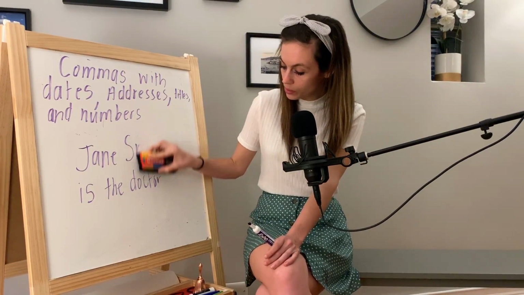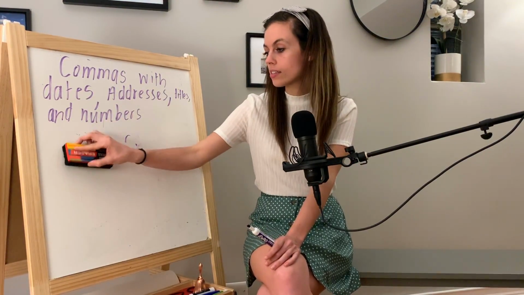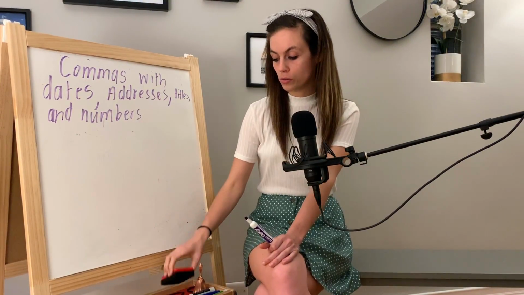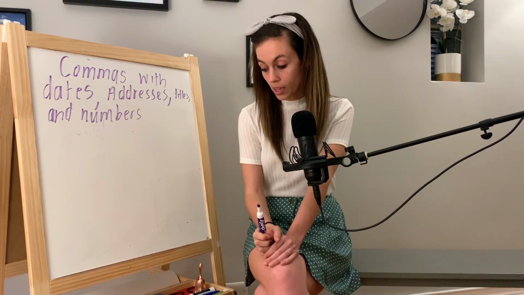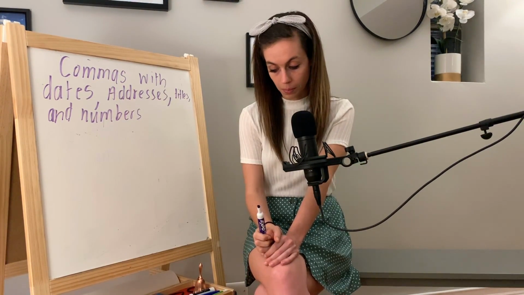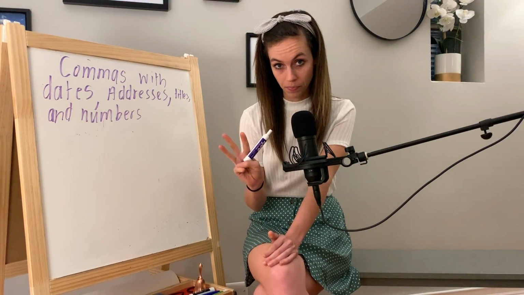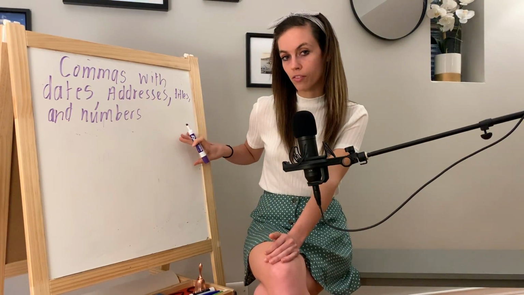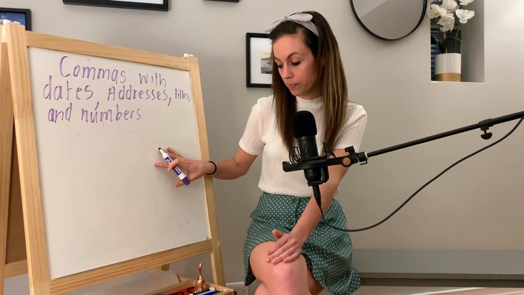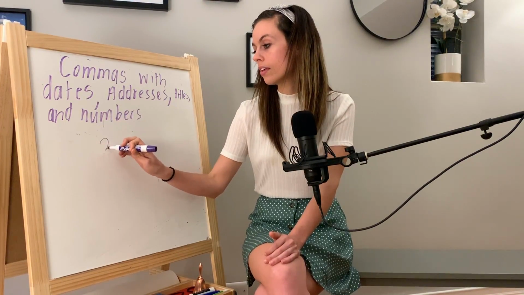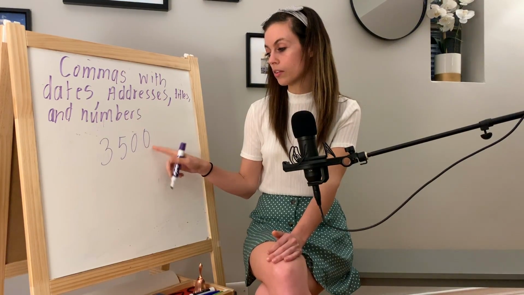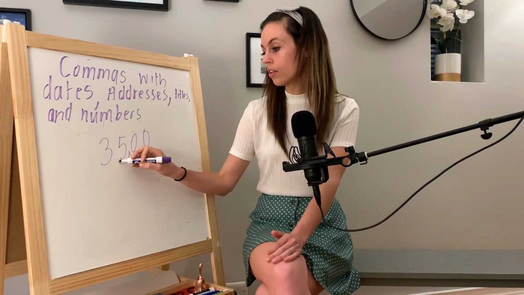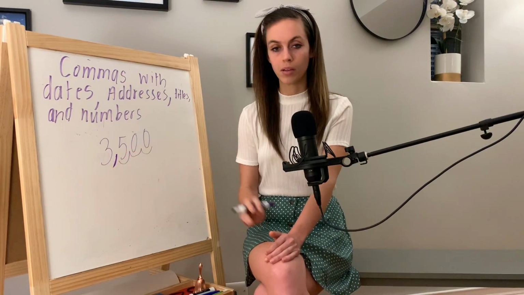And then the last one is commas and numbers. So you use commas and numbers for any number more than 4 digits long. So use commas to separate the numbers in groups of 3. Okay, so starting from the right, you'll count in 3. So for example, if we had 3,500, we're going to start at the right and go in 3. That's where my comma goes.